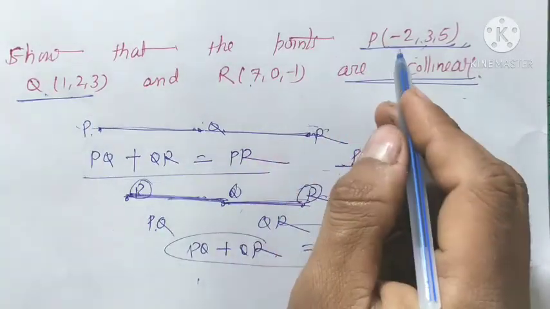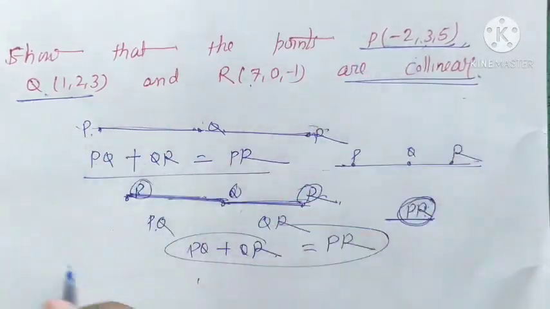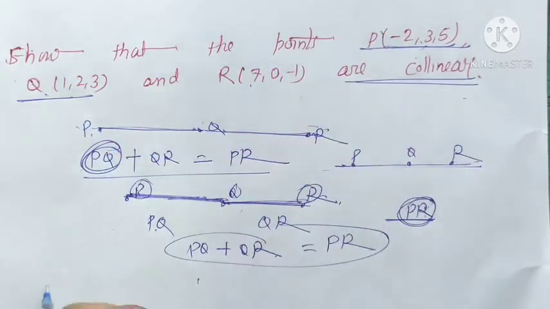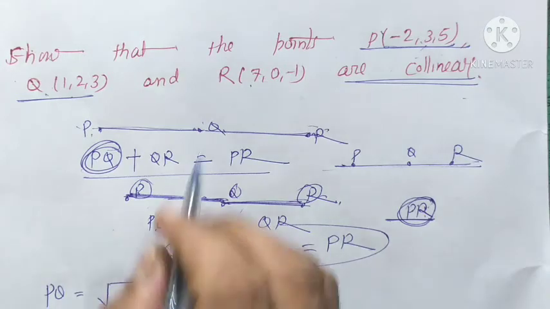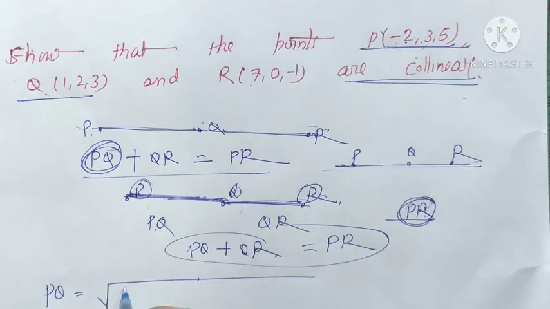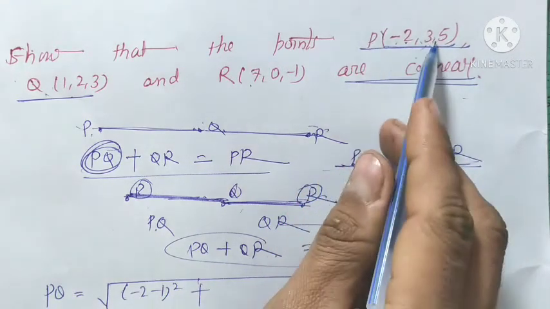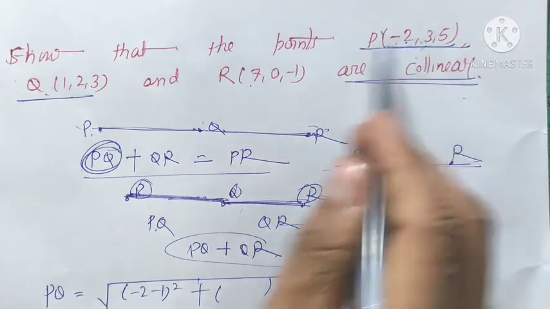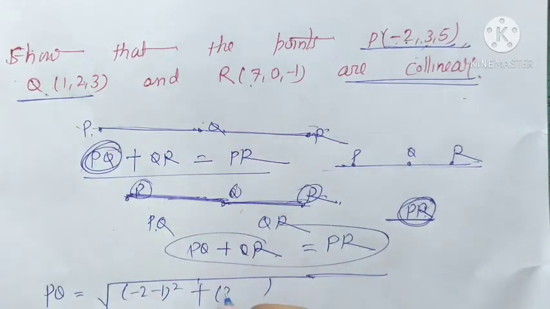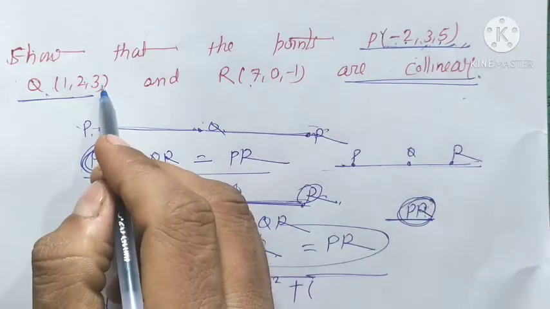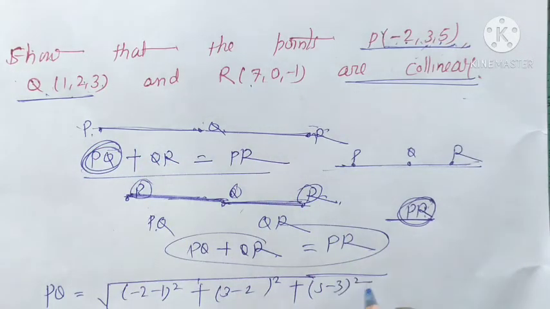Firstly we find the coordinates of these points, already given here. So P and Q. Firstly we find the distance between this point P and Q: under root, the square of the difference of x coordinates, so minus 2 minus 1 whole square, plus the square of the difference of y coordinates, 3 minus 2 square, plus the difference of z coordinates, 5 minus 3 square.